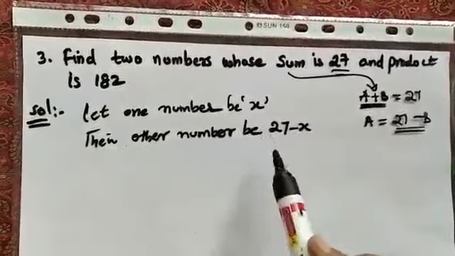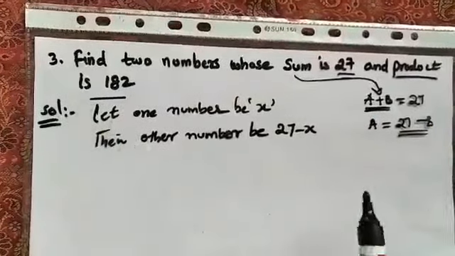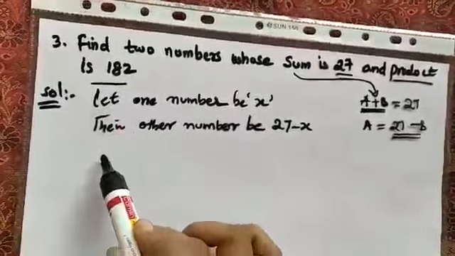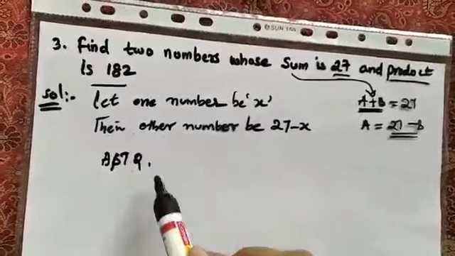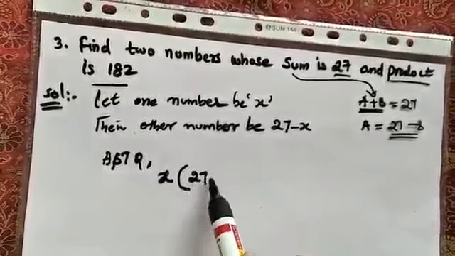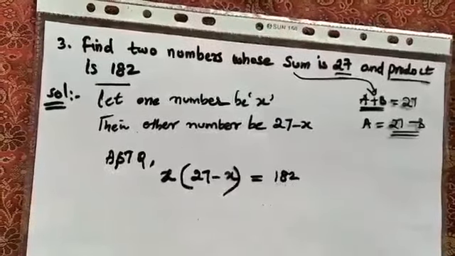Okay. So we are ready with both the numbers, and the second part of the question says that the product of the numbers is 182, and product means into. So as per the question, x into 27 minus x is equal to 182.